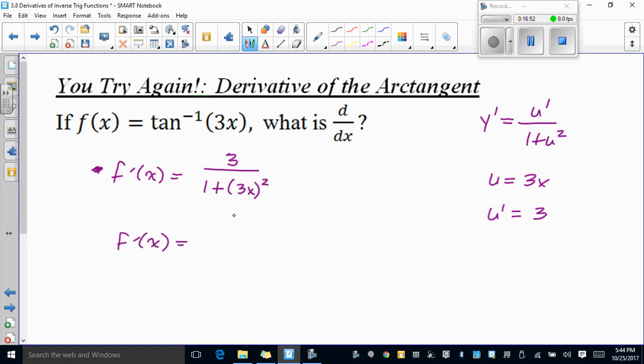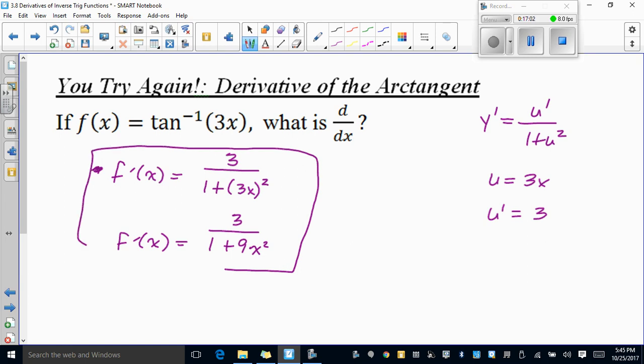Now if you got 3 over 1 plus 3x squared, you made a very common mistake. When students write this, they'll forget the parentheses completely, and they write 1 plus 3x squared. Whatever u is, you've got to square it. If you have to, at this point go, well, u is 3x, so u squared is 3 squared x squared.